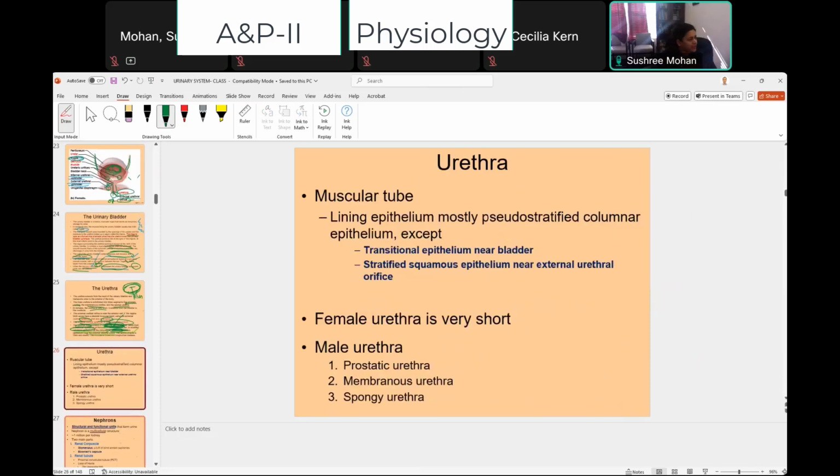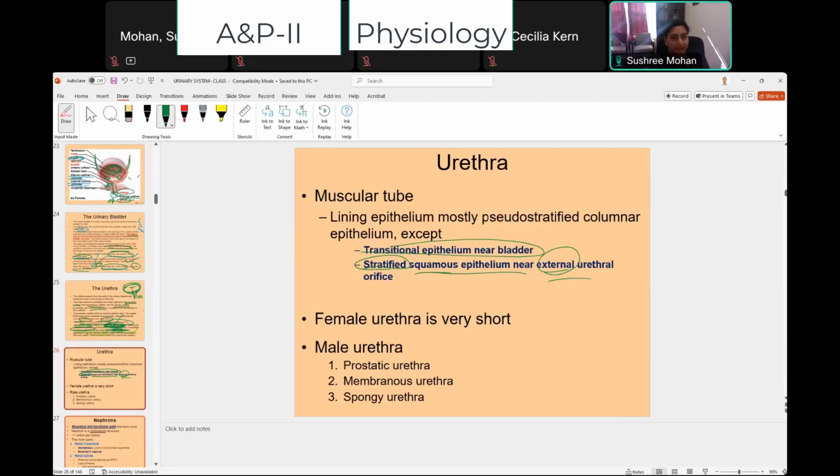So the urethra is a muscular tube and transitional near the bladder because the bladder has to hold the urine and expand. Then stratified: when you move anything towards the external, it is always stratified. Even if it is squamous, it will be stratified, not simple squamous.